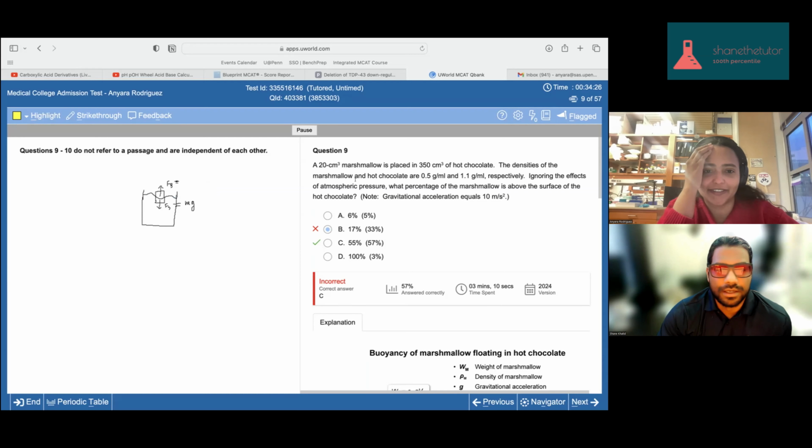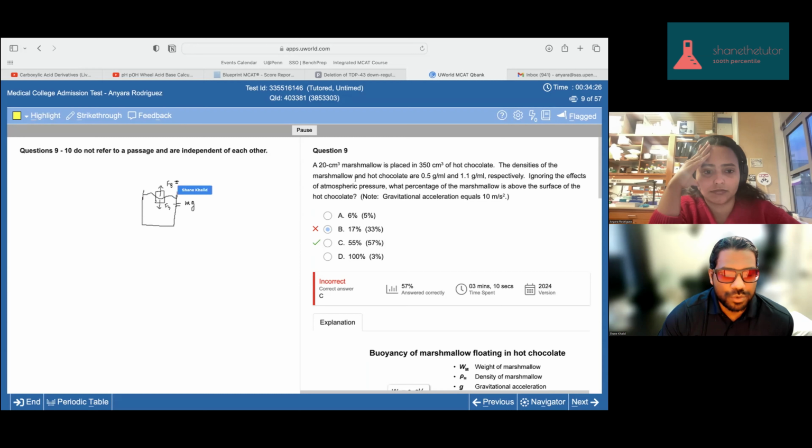No, I don't remember. So Archimedes' principle states that an object submerged in a liquid, or partially submerged, will displace its own volume, or part of its own volume, in the fluid.